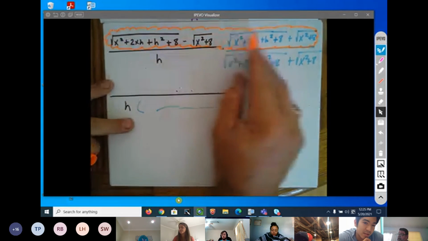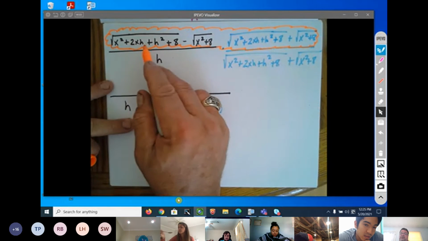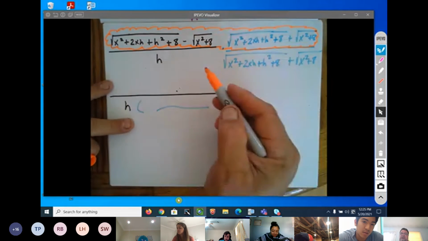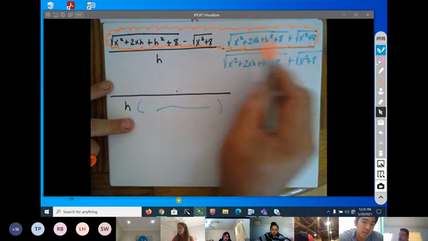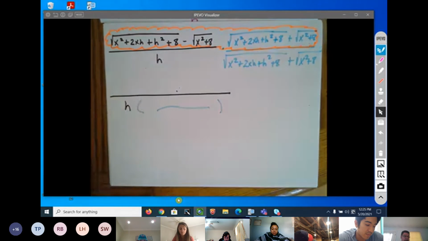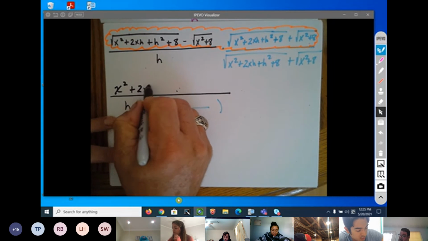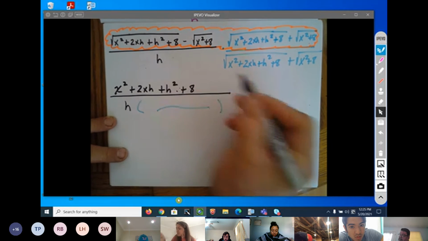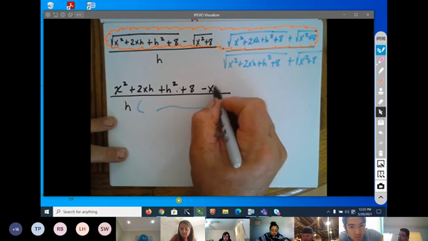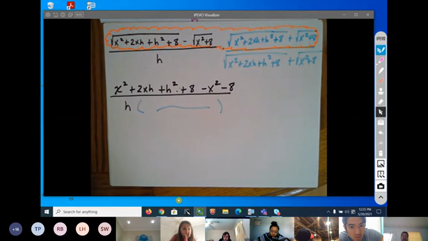The square root of this times the square root of this is all that to the second power, which is whatever that is. Same thing here. So it's going to be x squared plus 2xh plus h squared plus 8 minus x squared minus what? 8.